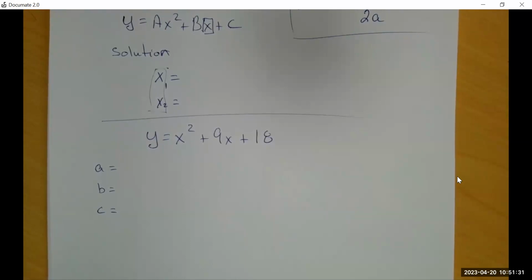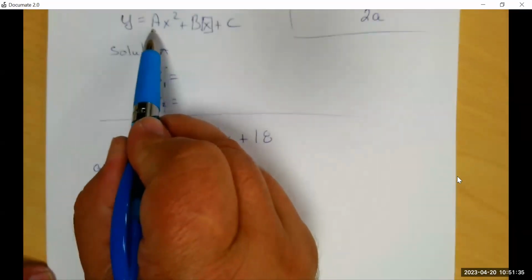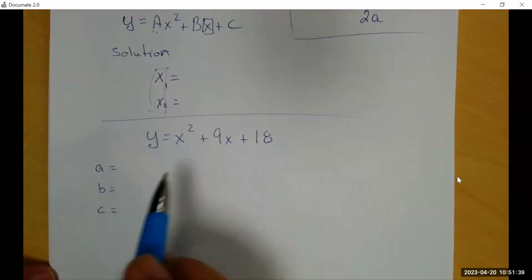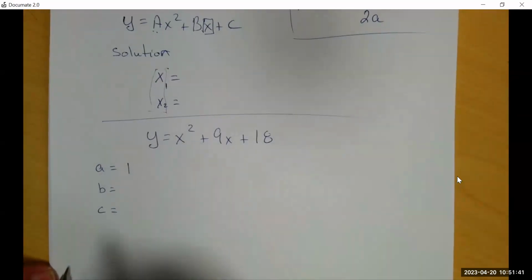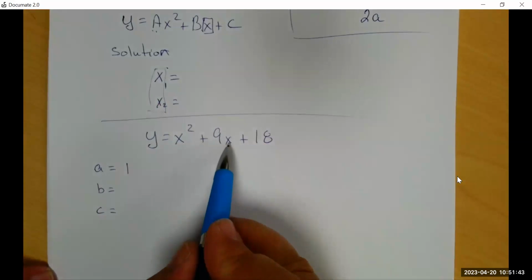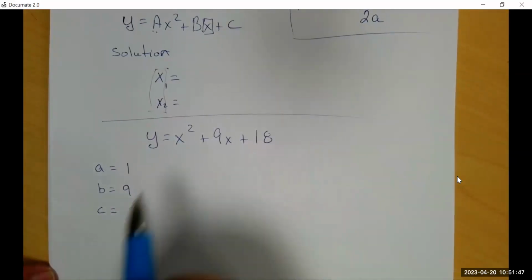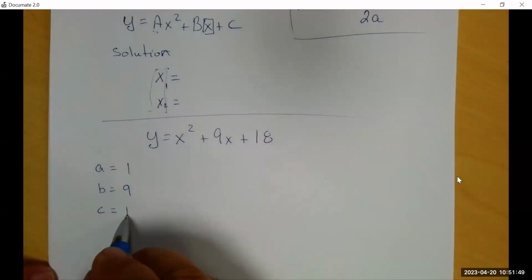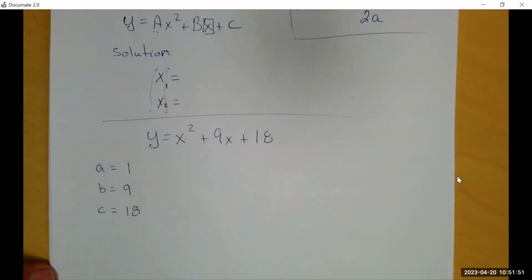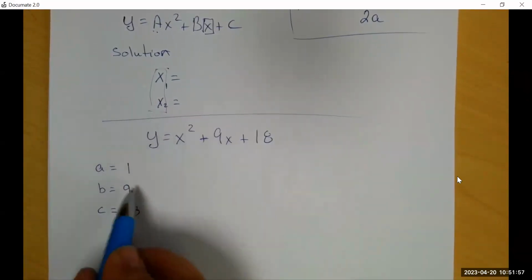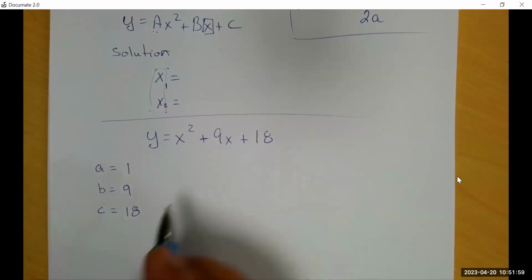Remember, a is whatever's in front of x squared. So what's in front of x squared? Positive 1, right? b is whatever is in front of x. It's a positive 9. And c is the constant. The reason you want to do that is to make sure whatever sign is in front of the numbers, that sign belongs to that number.